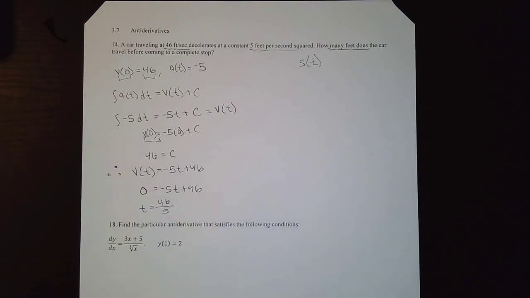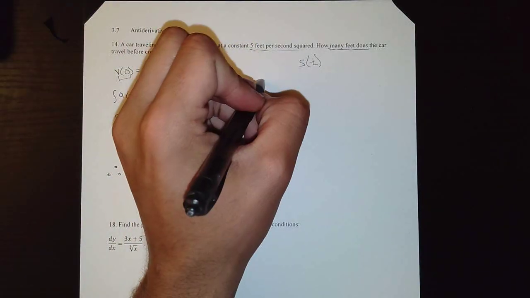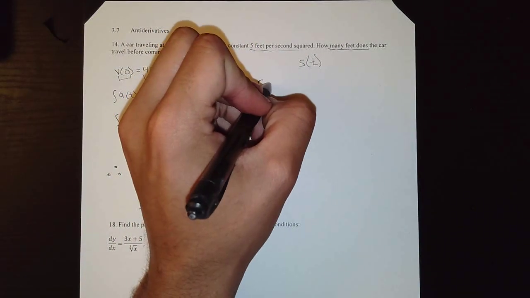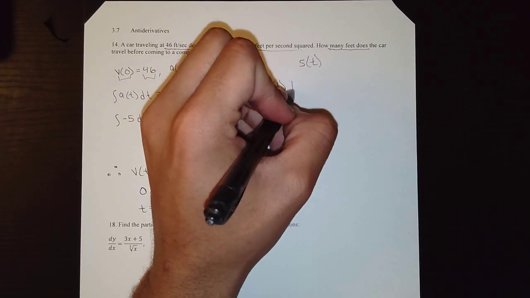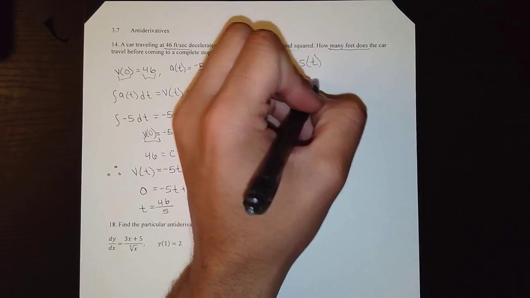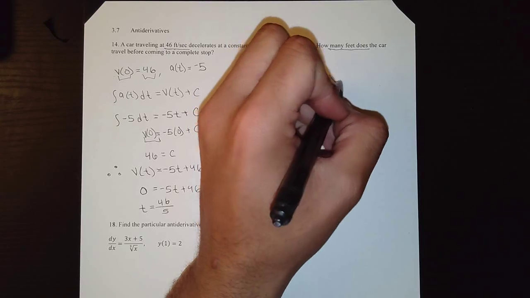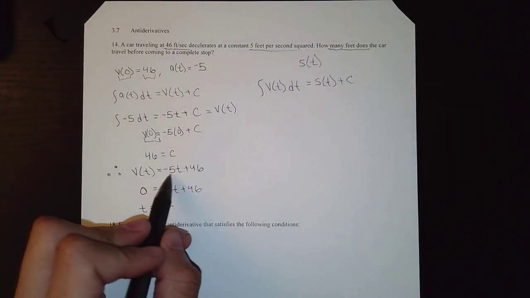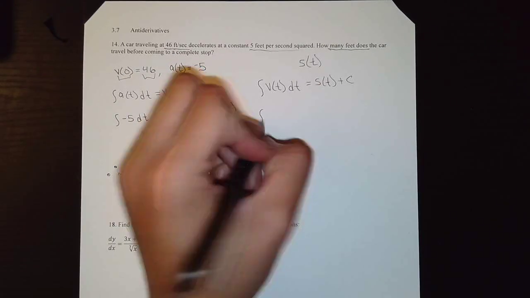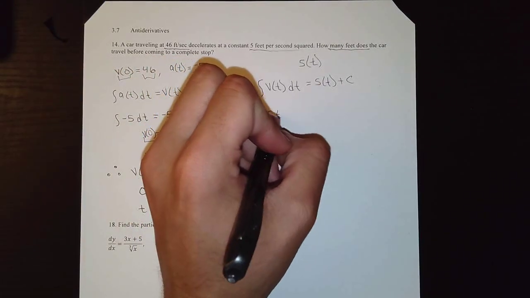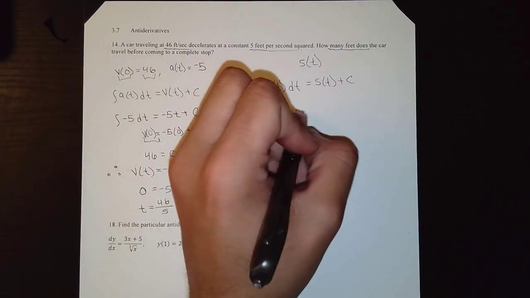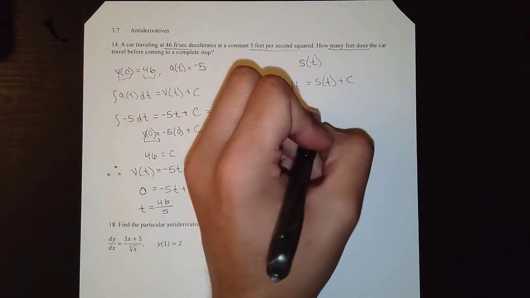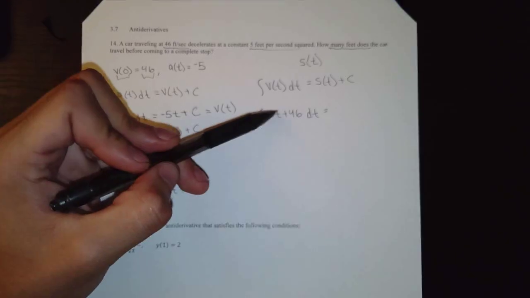And now, to find the position function, we have to recall that the antiderivative of the velocity function is the position function. Okay, so let's integrate our velocity function right here. So the integral of negative 5t plus 46 dt. And when we take the antiderivative, this becomes a t squared.